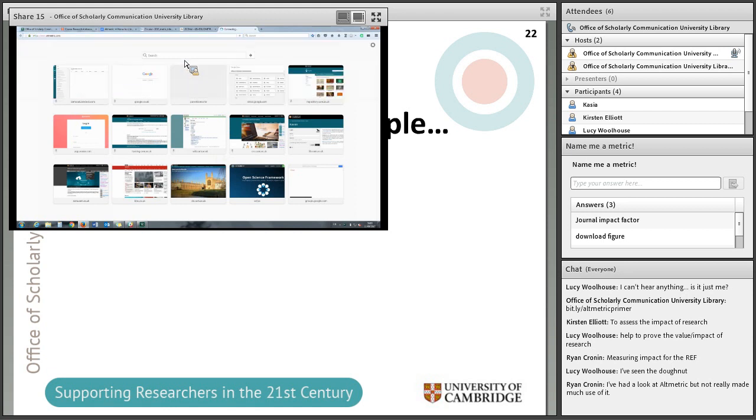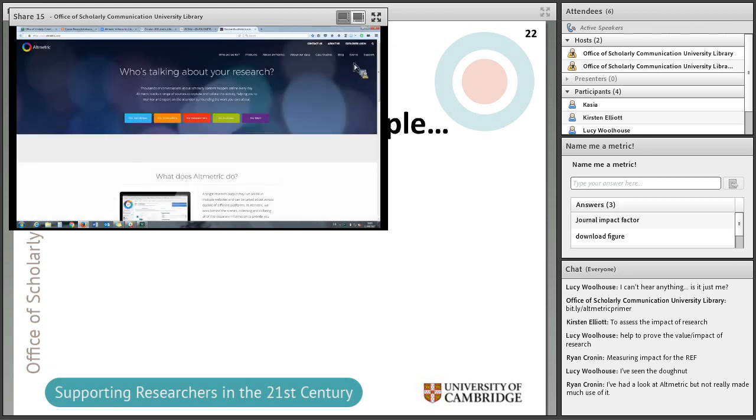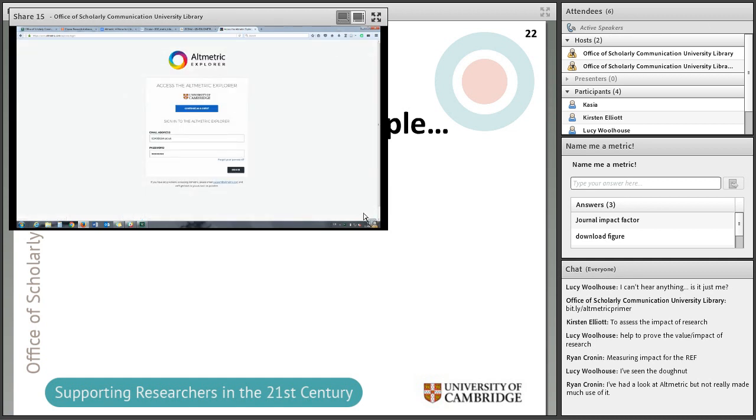If we go to altmetric.com, hopefully you can all see this. If not, just write something in the chat. And you can go to the Explorer login up here. No one's putting anything in the chat, so I'm assuming you can see my screen.